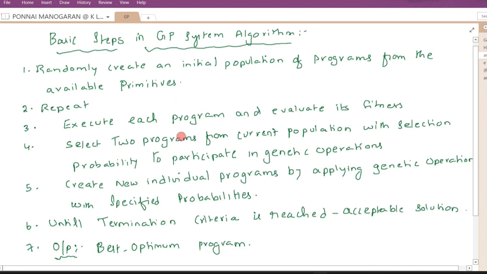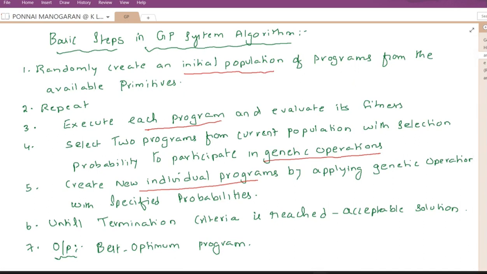So we learned how to evaluate each program, the genetic operations, and individual programs, all these things.